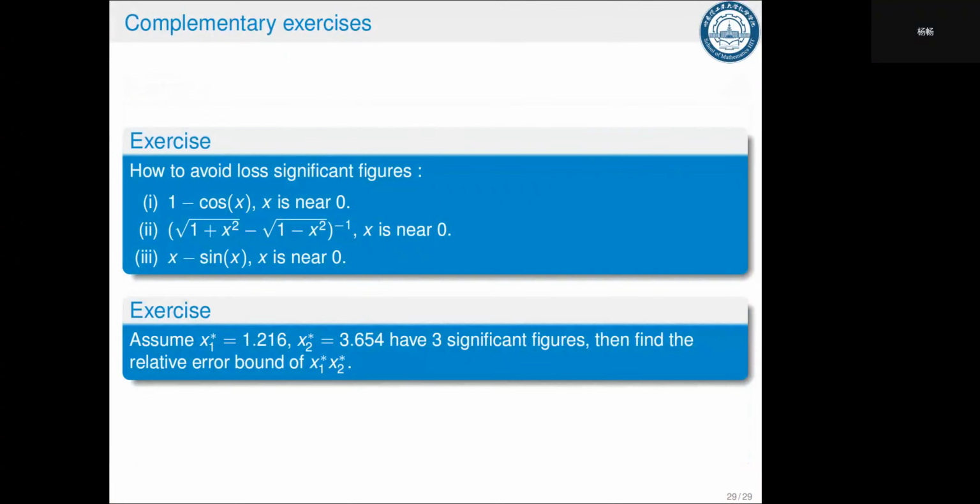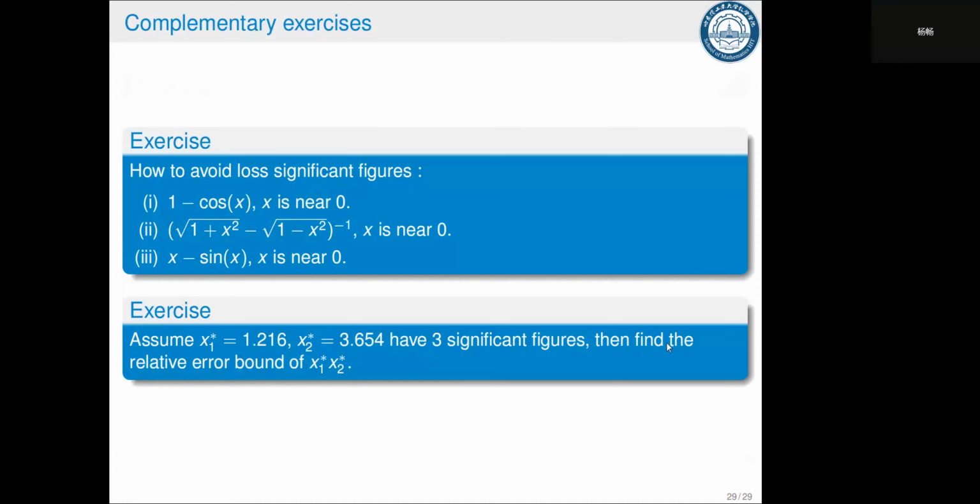The second exercise is how to avoid the loss of significant figures, and you have three examples like here. Finally, we have x1 star and x2 star, both of which have three significant figures.